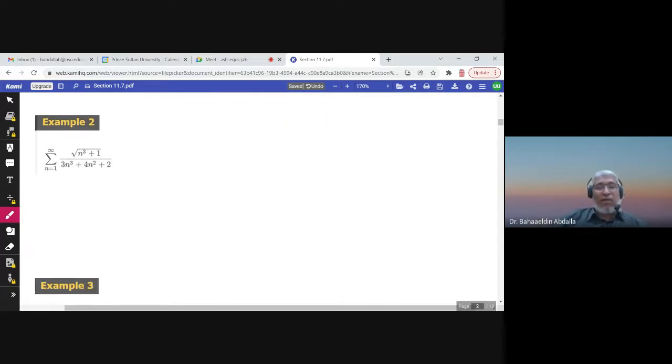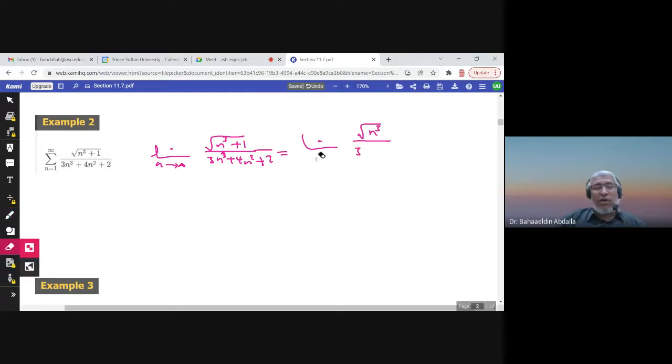Well, here, if you take the limit of an when n goes to infinity, the limit of the square root of n cubed plus 1 over 3n cubed plus 4n squared plus 2, then take the term with the highest power: square root of n cubed, and here 3n cubed.